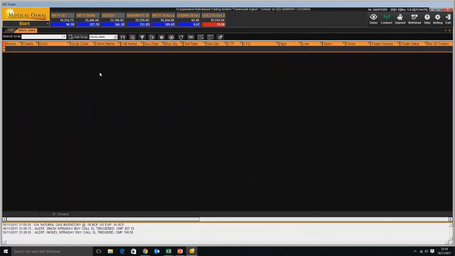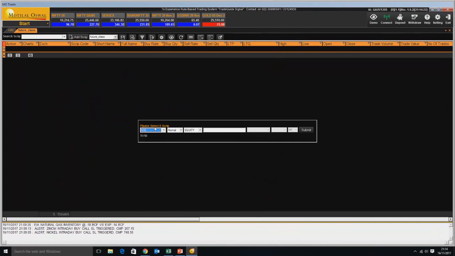I enter NSEFO, future stock, and we are dealing with, say, Infosys. As I entered Infosys, you have three contracts: 30th of November, 28th of December, and 25th of January. We are interested in the current month, which is 30th of November.